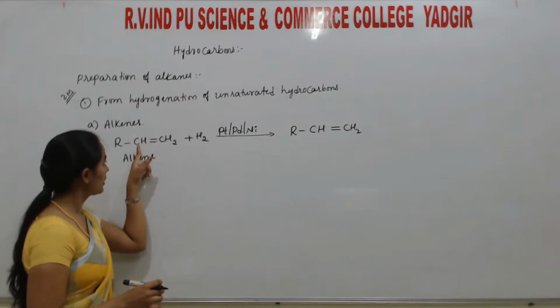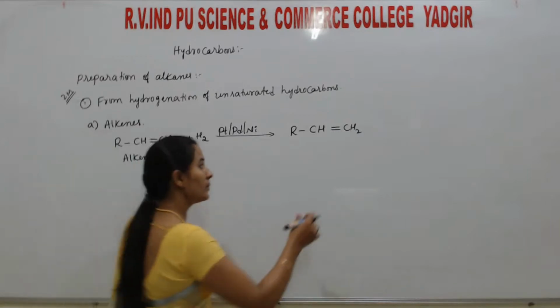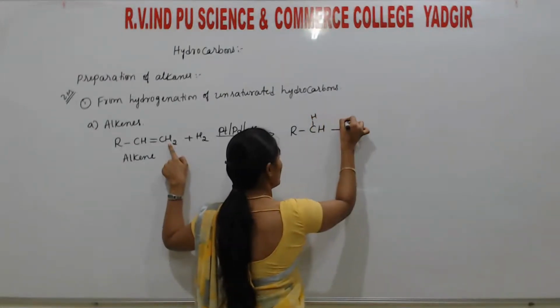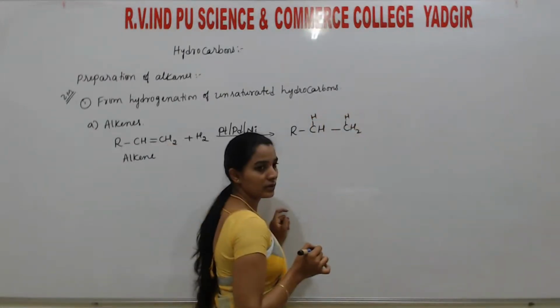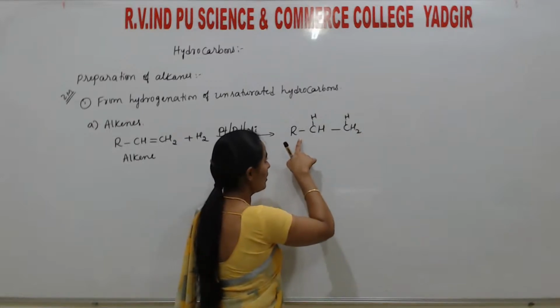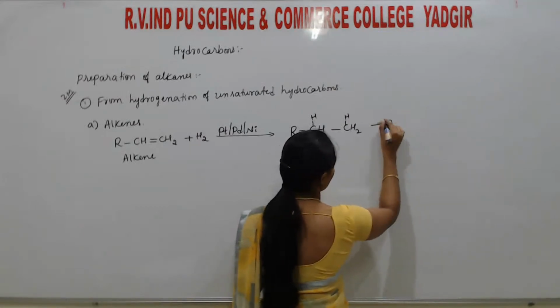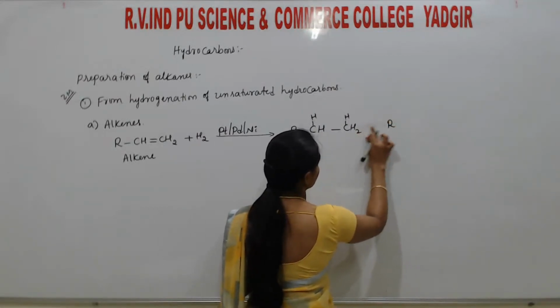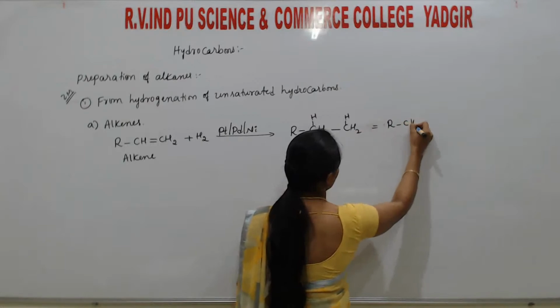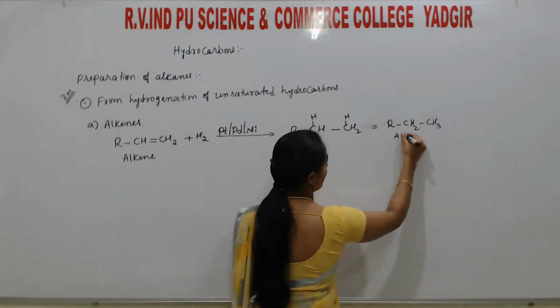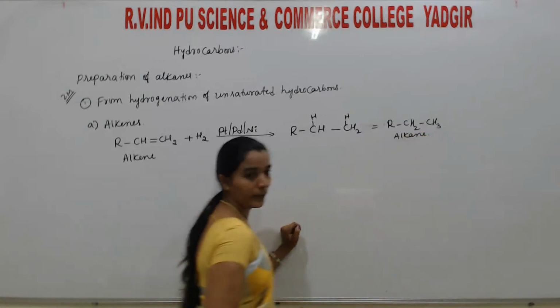The double bond is present between CH and CH2. It changes to a single bond by the addition of both hydrogen atoms. That is R, CH2, CH3. This is alkane.